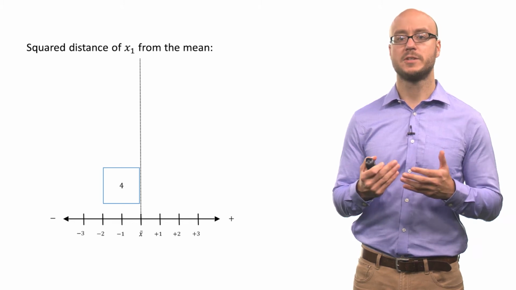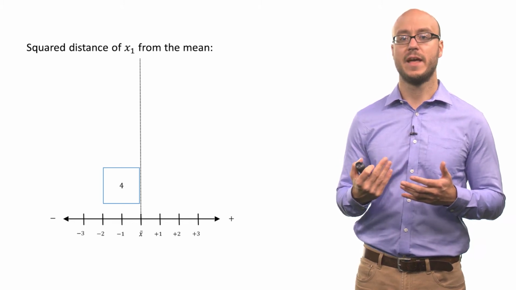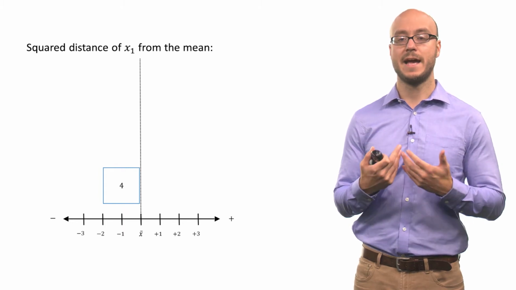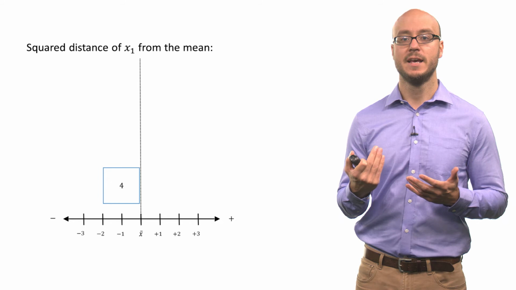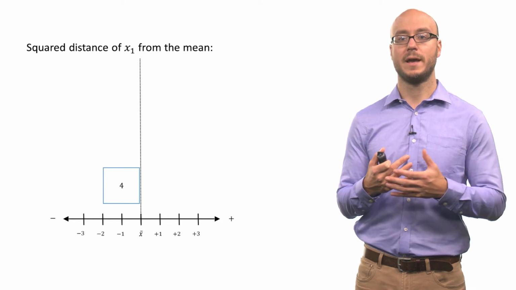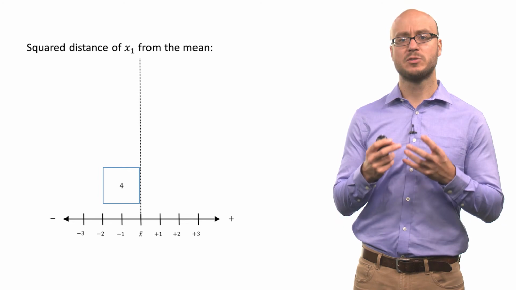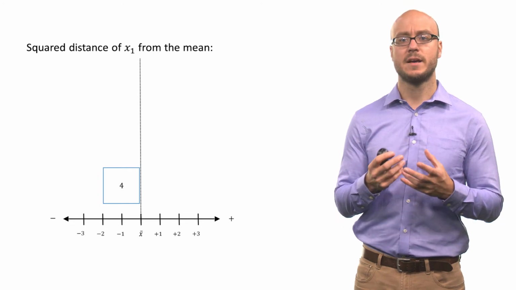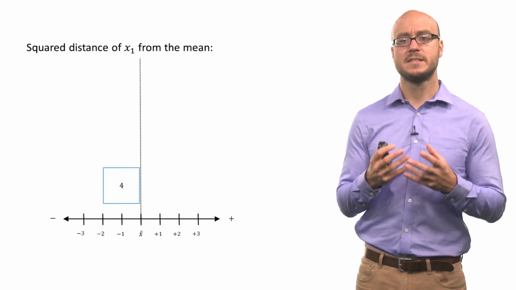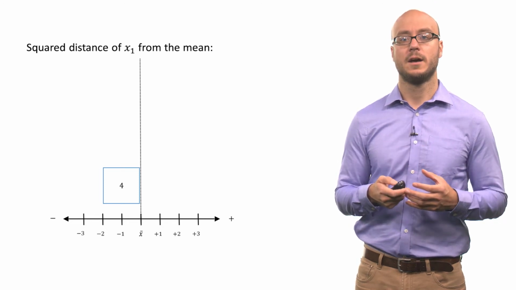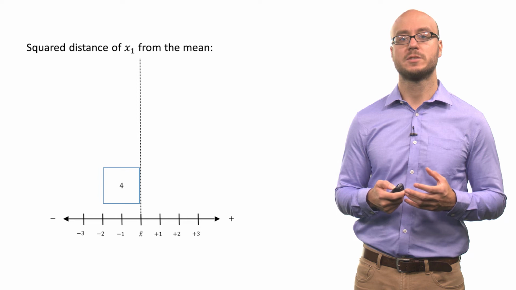All we're doing is taking that deviation, that distance from the mean, and squaring it. That's conceptually the same as making a box. So rather than a deviation below the sample mean, we're making a box. We're squaring that deviation, and now that distance from the sample mean is represented by 4. So we're looking at the area of that box, which is 4.